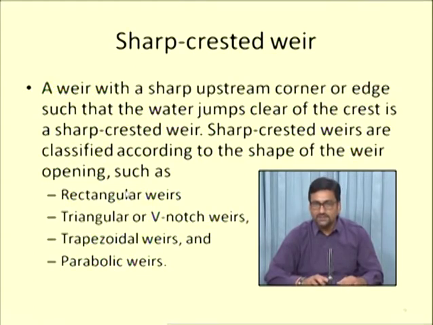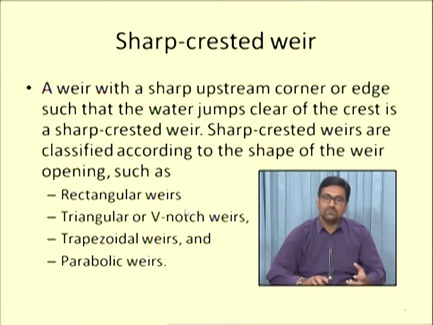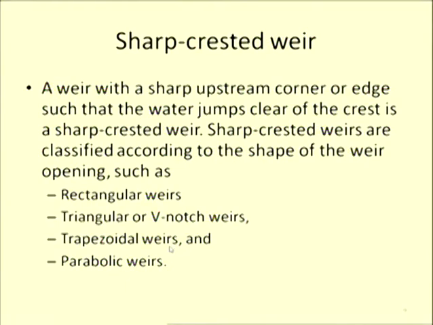These different shapes would change the formula we are using for measuring the flow in the channel. So a particular weir is selected depending upon the amount of flow through the channel and the particular equation we are using to measure the flow in the channel.